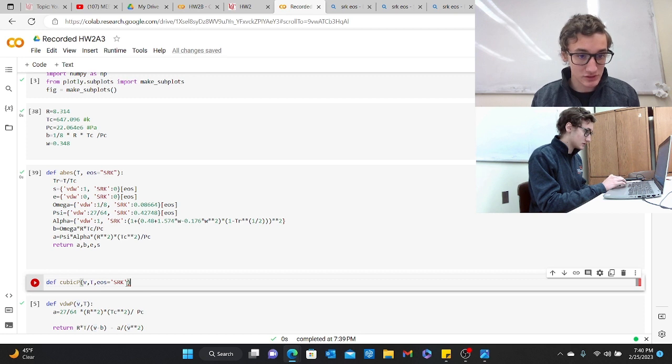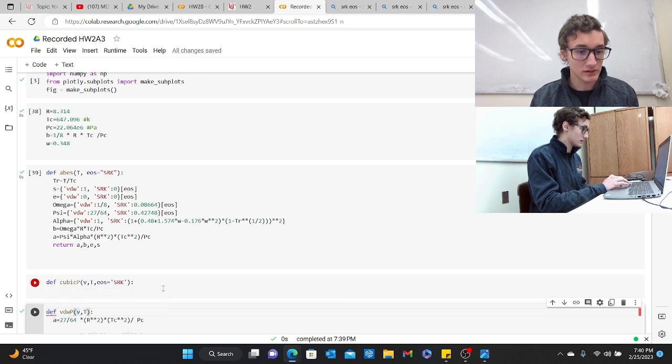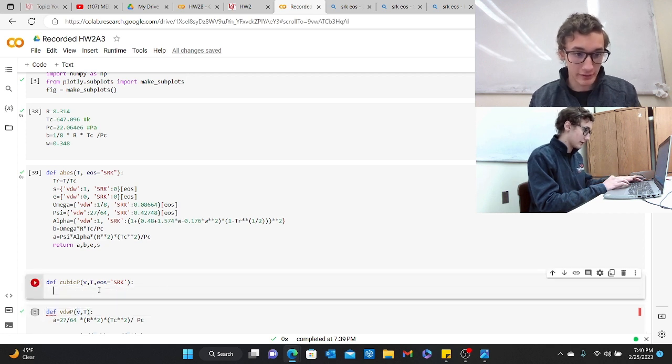Let's see, what is the issue? Why does this have an issue now? Let's look at indented block. Well, we can worry about that later.